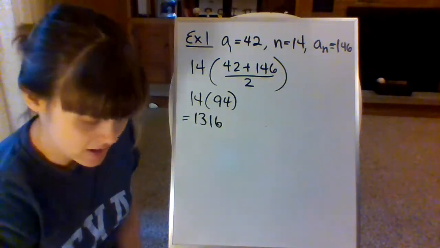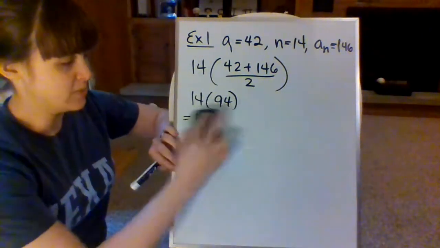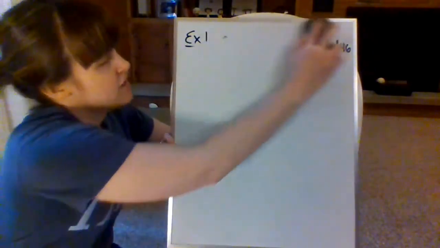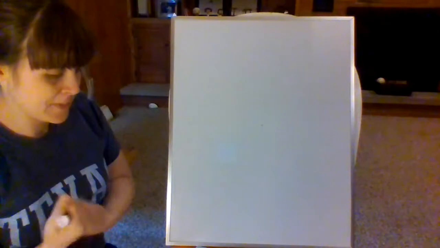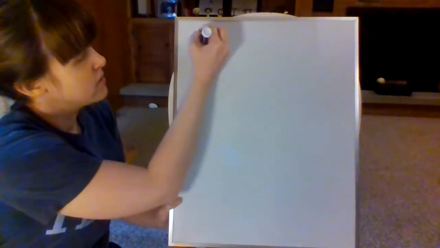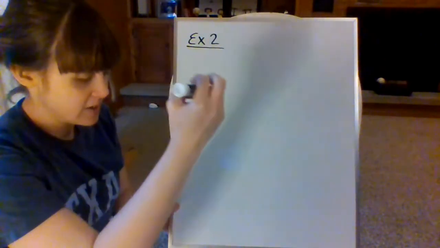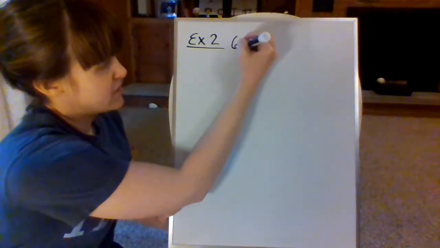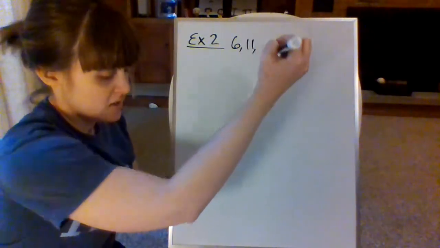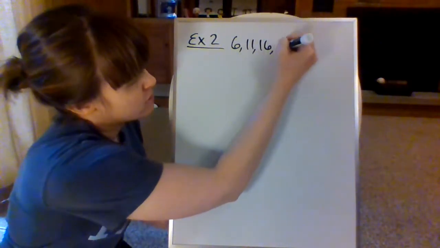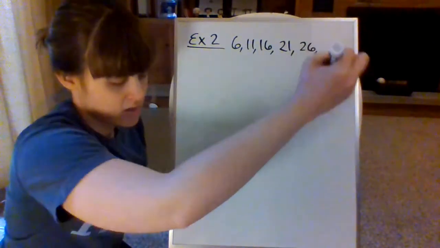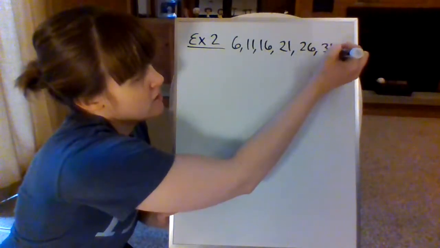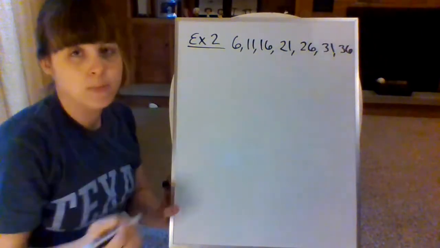Alright, here we go, example 2. We have 6, 11, 16, 21, 26, 31, and 36.